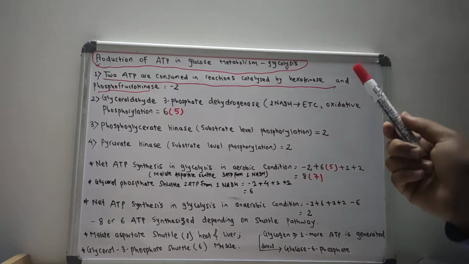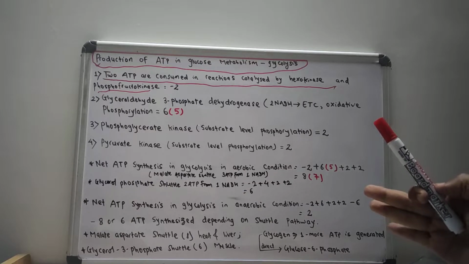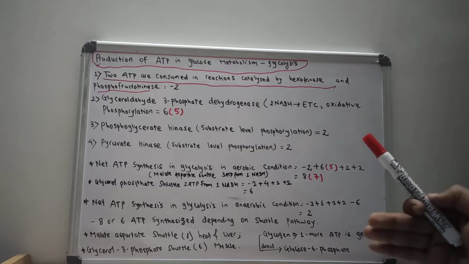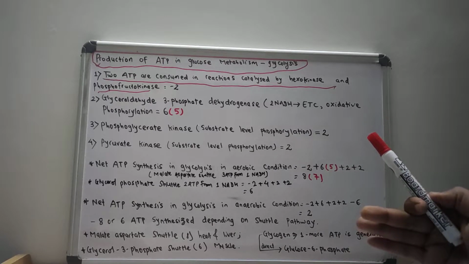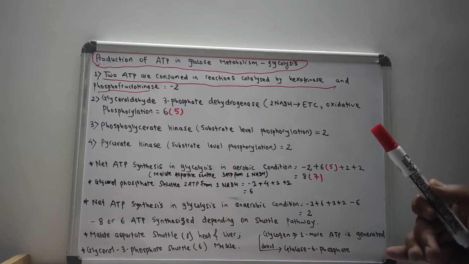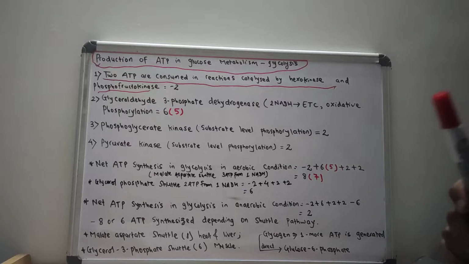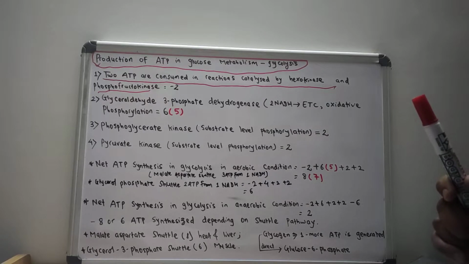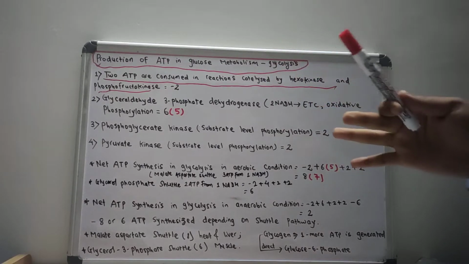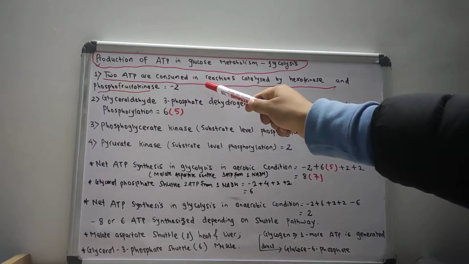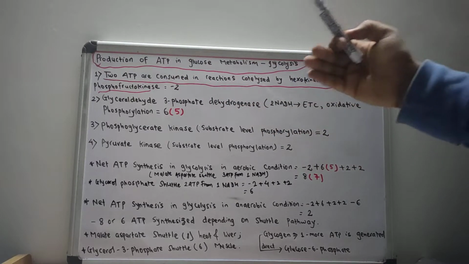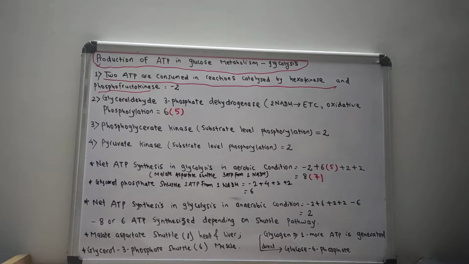Another ATP is consumed when glucose 6-phosphate is converted to fructose 6-phosphate, and when fructose 6-phosphate is converted to fructose 1,6-bisphosphate by phosphofructokinase, 1 ATP is consumed. So in those two reactions 2 ATP are consumed. That is the energy investment phase.